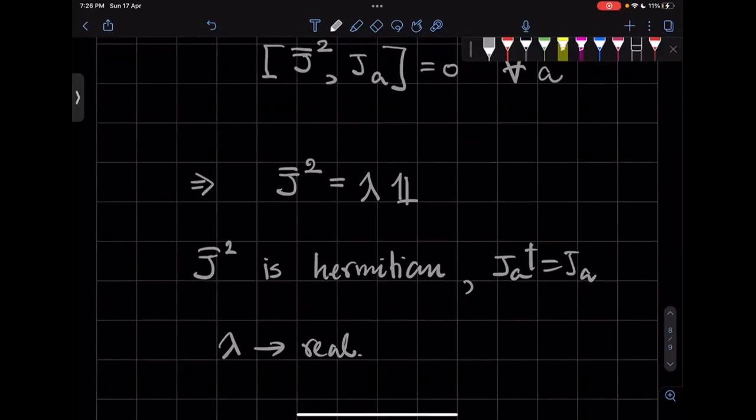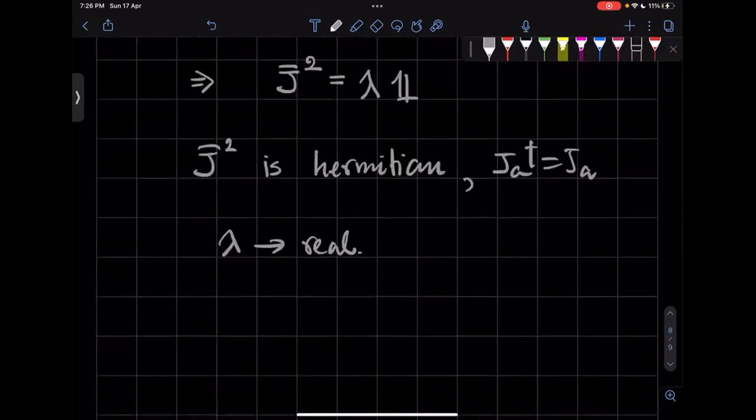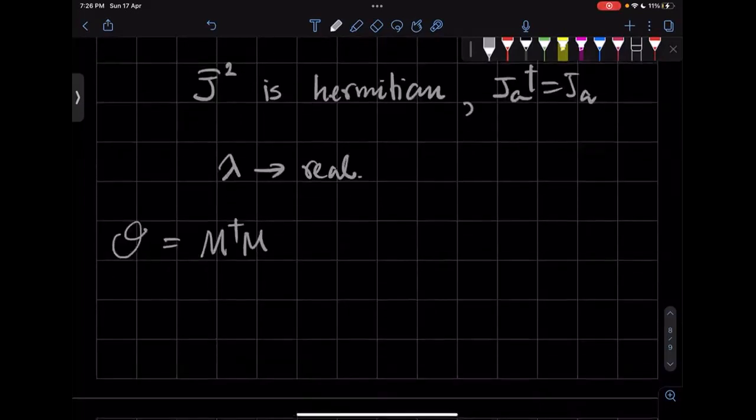It'll also be positive, yes. Because any operator, say O, that can be written as M dagger M is a positive definite operator.